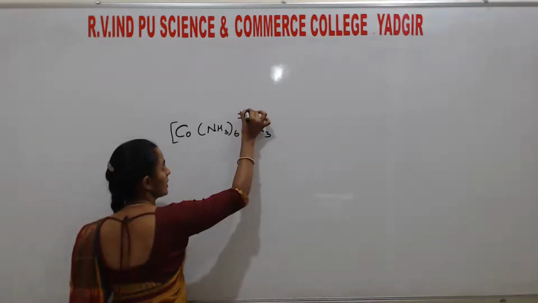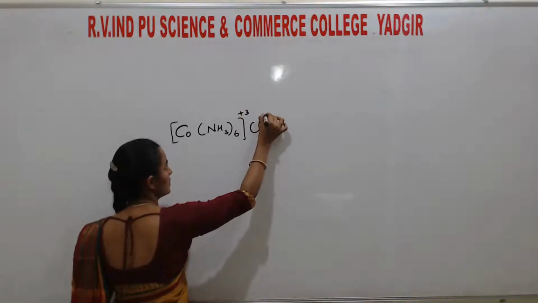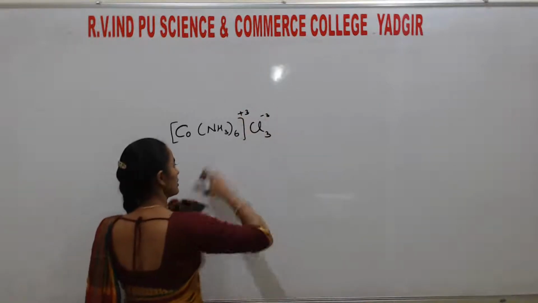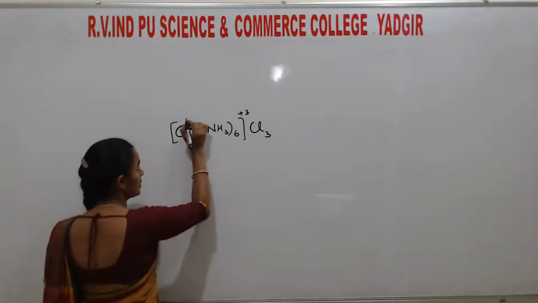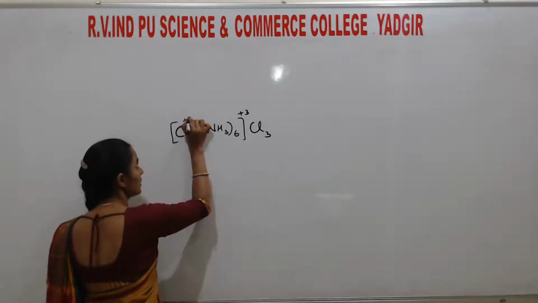This will give a +3 charge, and this will give a minus 1 charge, three times. You remember this thing? So the oxidation state of this is +3.